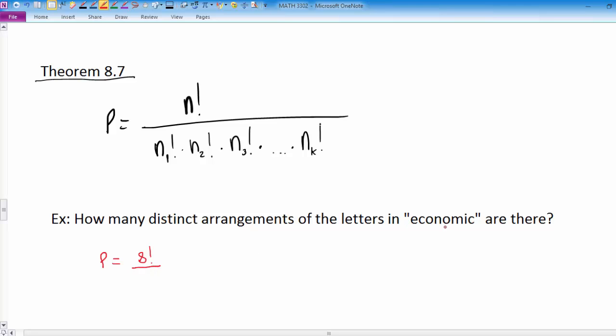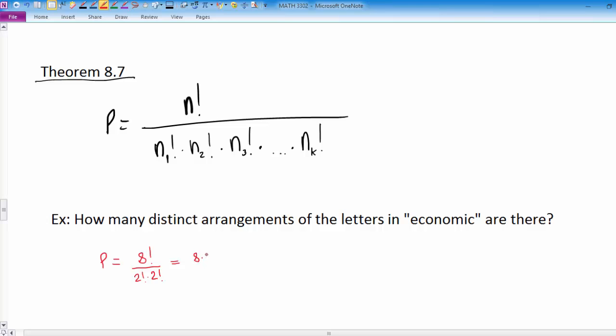Now, some of the letters are repeated, so there are 2 C's, so we need to divide by 2 factorial. But also, there are 2 O's, so we divide again by 2 factorial.